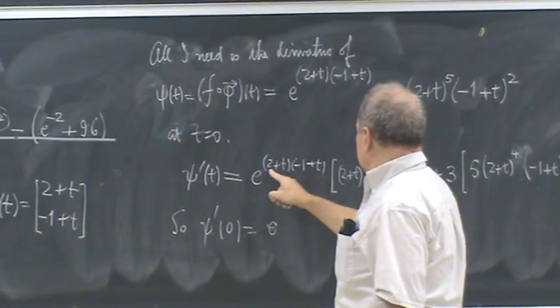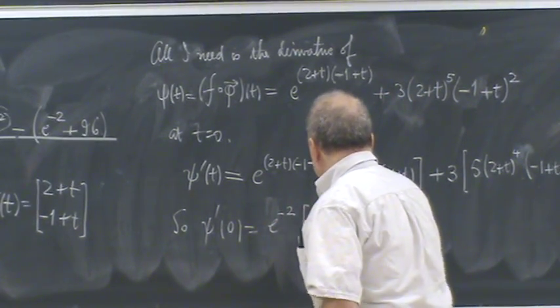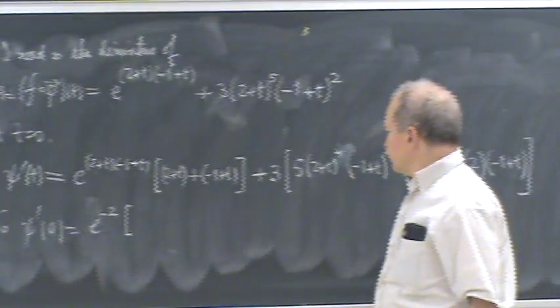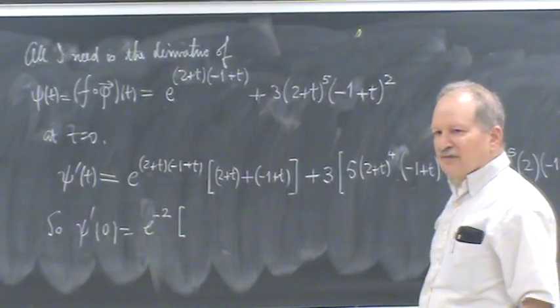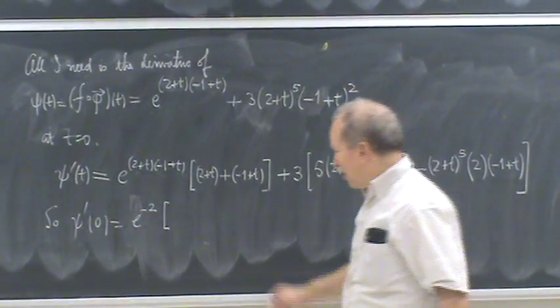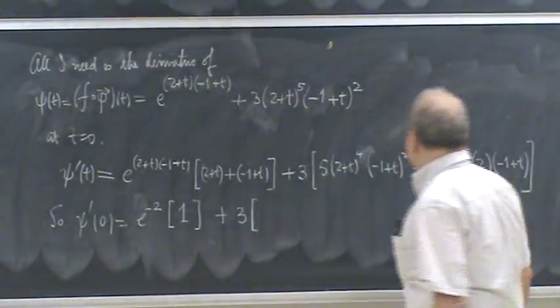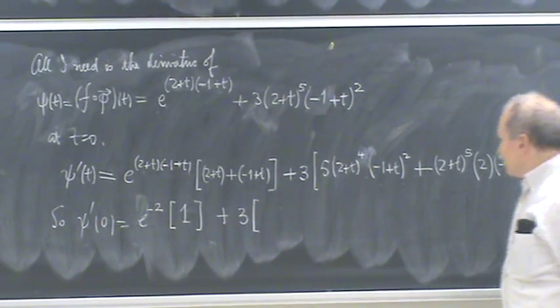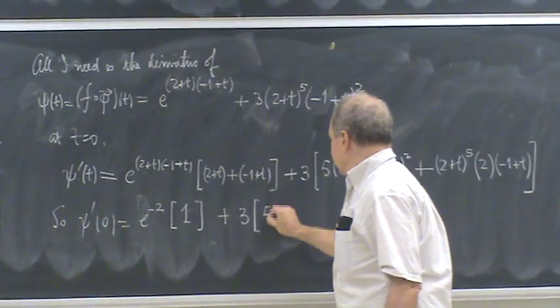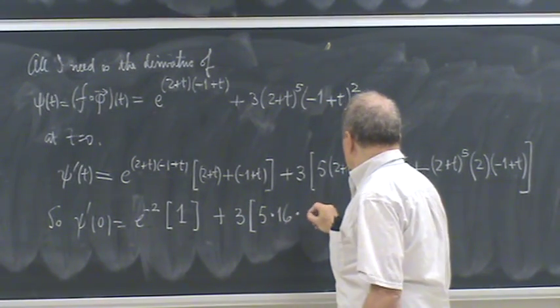So I get e to the negative 2 times 2 minus 1, so times 1. 1 plus 3 times 5 times 2 to the 4th, which is 16, times 1 times 8.